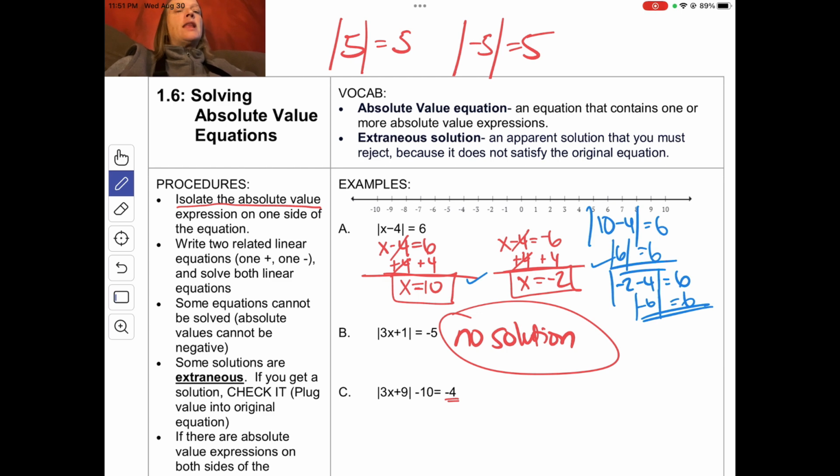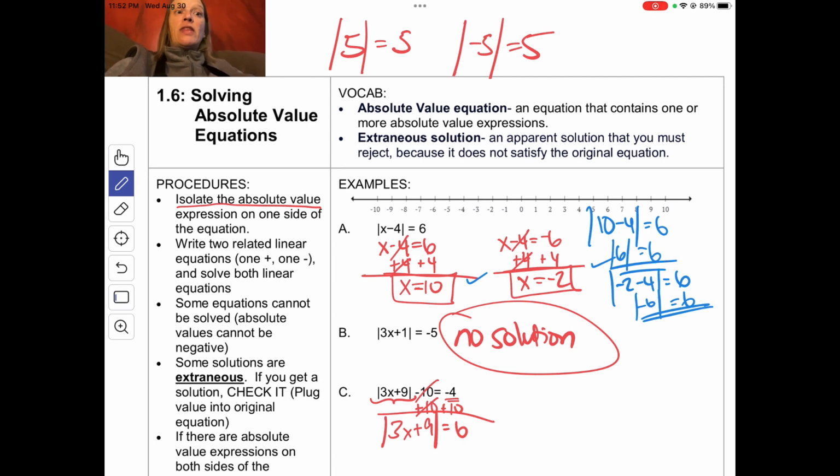So let's do that. I want just the absolute value expression on one side of the equation. I want to get rid of this subtraction by 10, so I'm going to add 10 to both sides of the equation. And when I do that, I get the absolute value of 3x plus 9 equals 6.